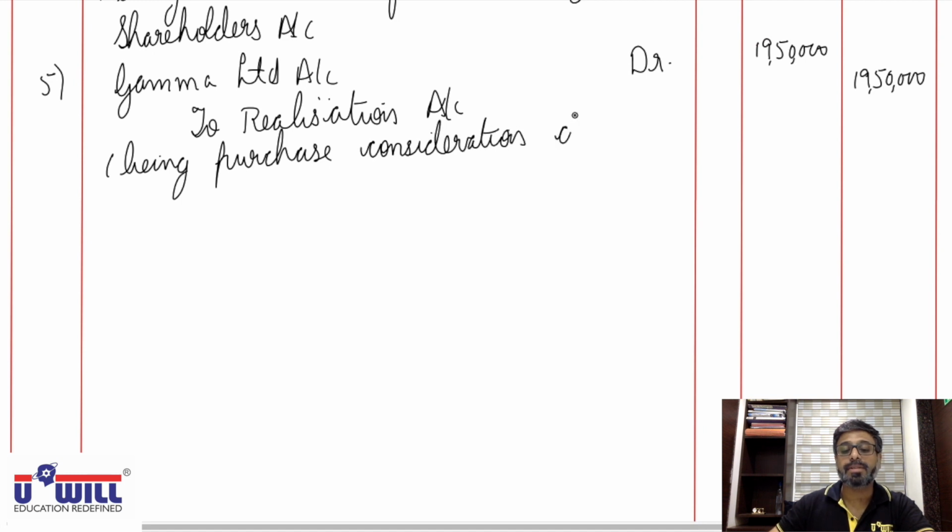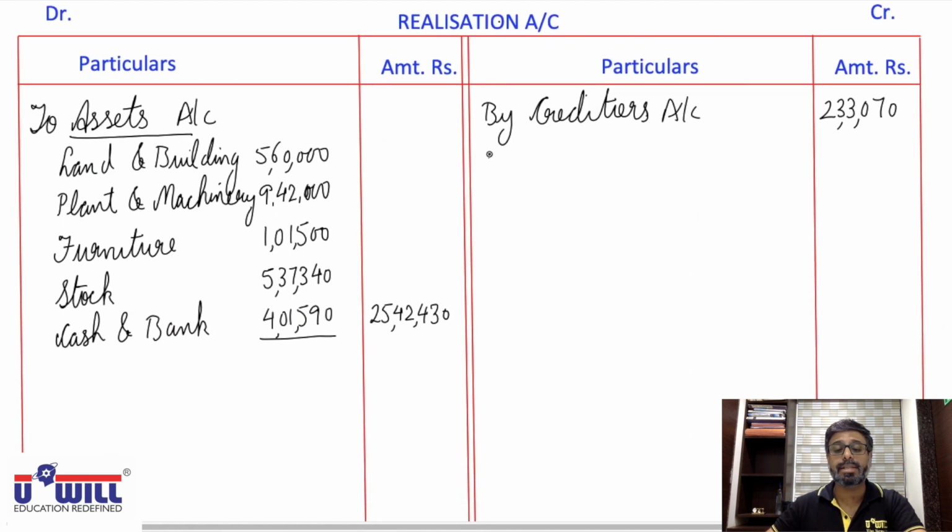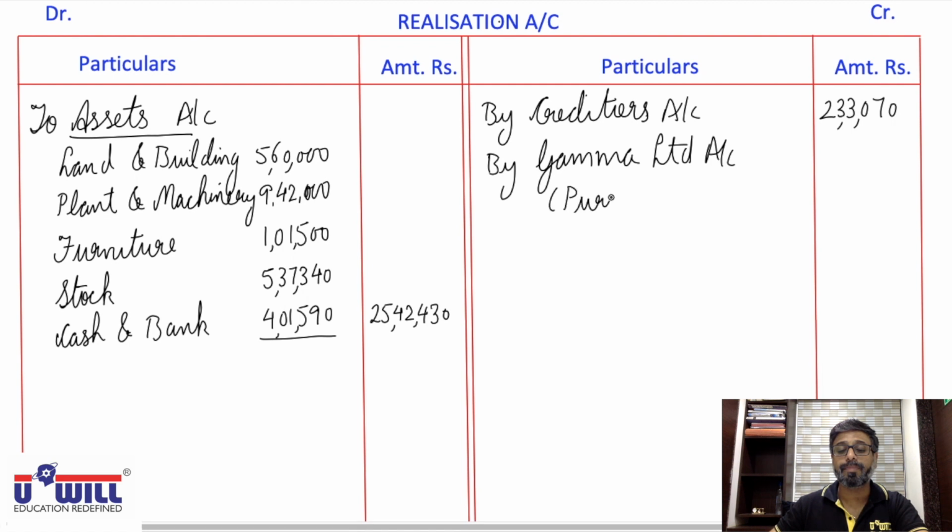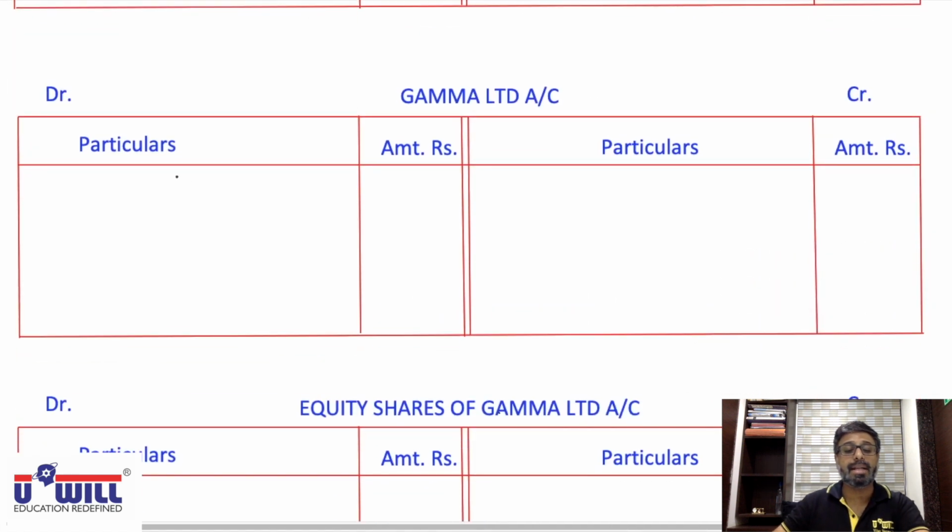Now effects. Generally try to give the effects in realization first, if possible. To realization, so in realization we will write on the credit side by Gamma Limited account, in brackets purchase consideration, just for understanding, 19,50,000. Now Gamma Limited account debit means in the Gamma Limited account you'll write on the debit side to realization account 19,50,000.